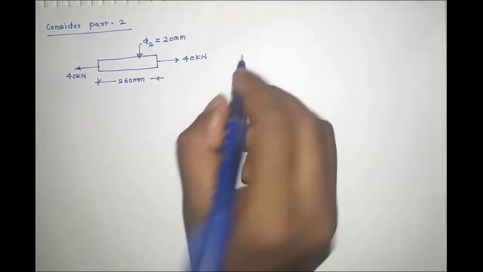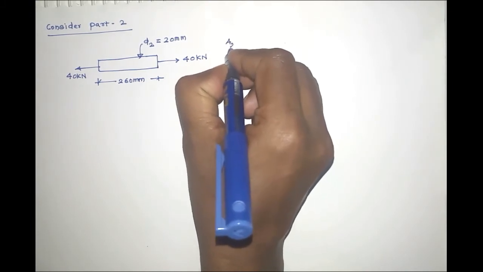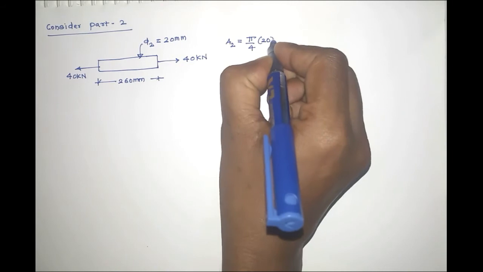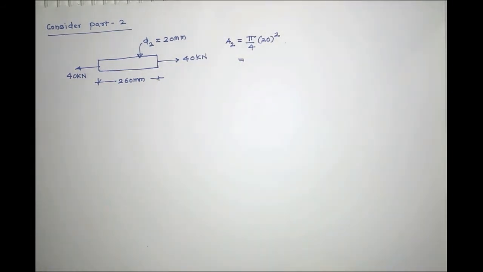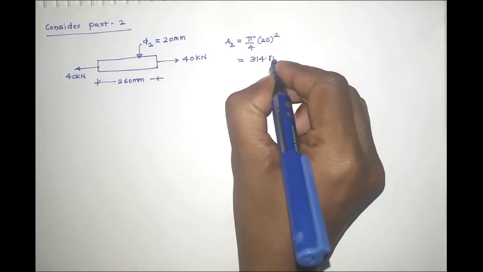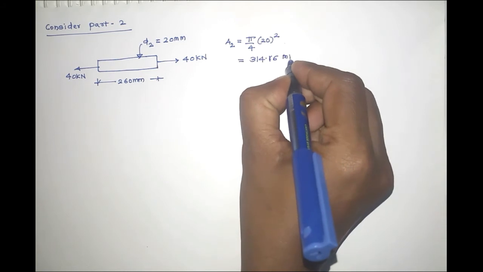The area A2 equals pi by 4 into 20 square, which is 314.16 millimeter square.